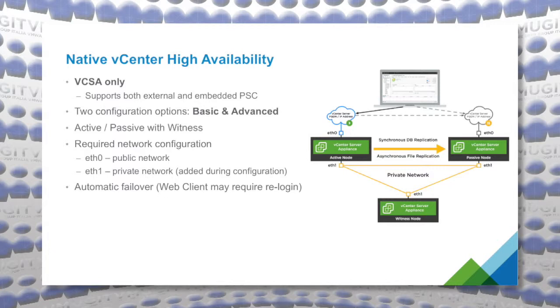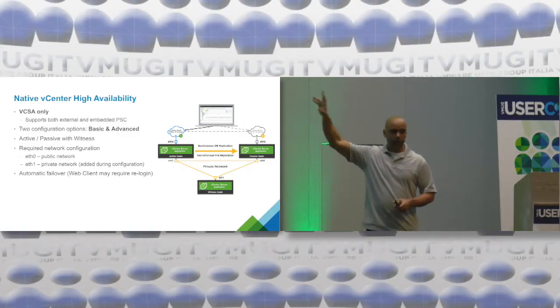Couple people? Okay. Now we have native vCenter Server high availability, and this has been an ask for many, many years. I know when I was a customer, this is one thing that I was looking forward to. So we have an active-passive solution where basically all we're doing is cloning the active vCenter Server twice.